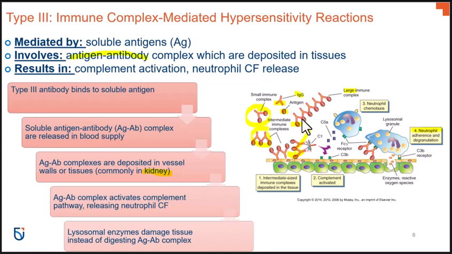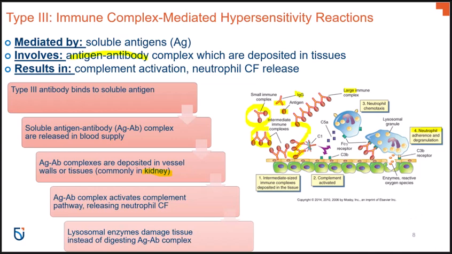I should also mention that these small immune complexes usually aren't a big deal. They can be cleared out by our circulation and don't cause tissue damage, but the intermediate size complexes and certainly the larger ones can adhere to healthy tissue, creating a type 3 hypersensitivity reaction.